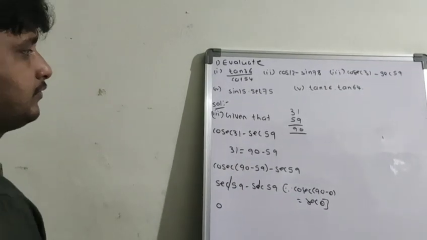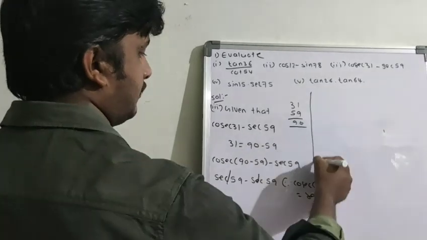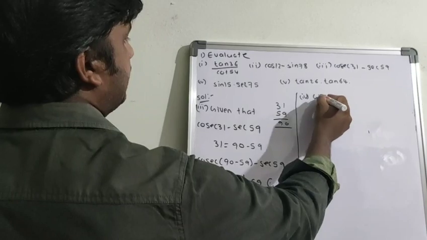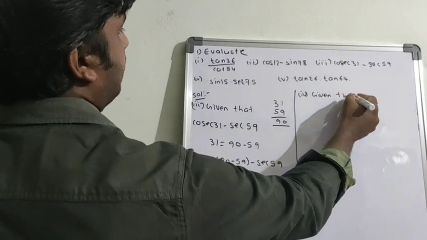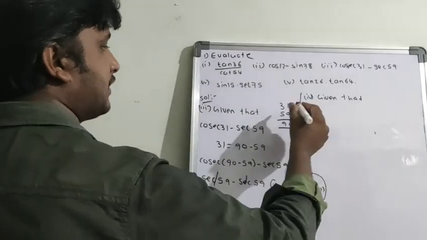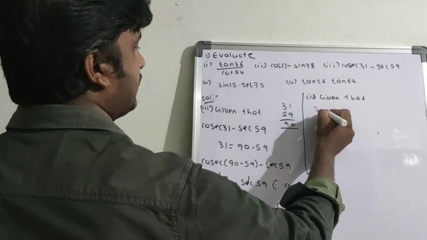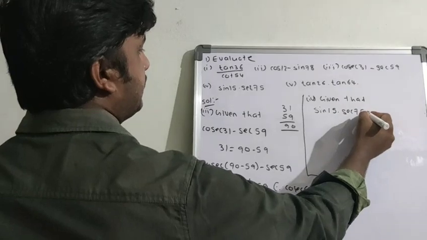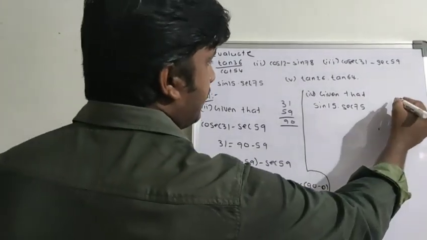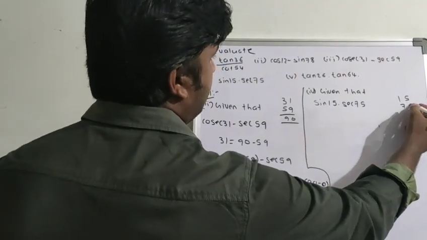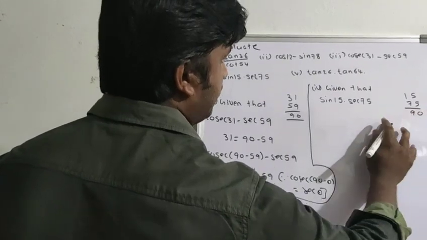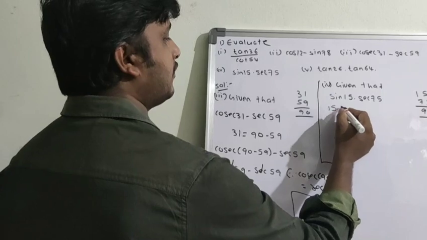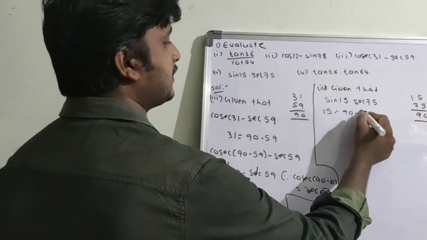So coming to the fourth question. Again write, given that sin 15 into secant 75. If you do the addition of 15 and 75, you will get 90 degrees. So in the place of 15, 15 is equal to 90 minus 75.